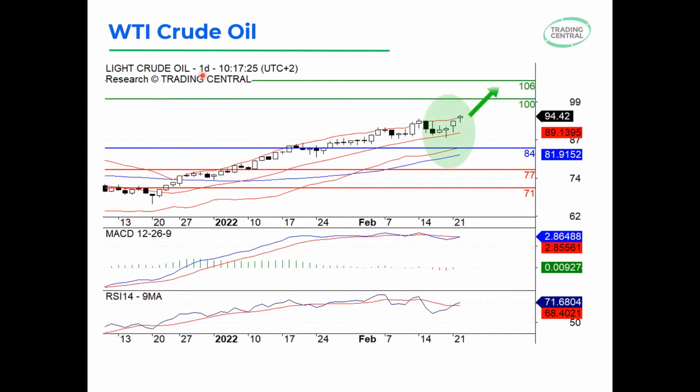It is a daily chart, and we are approaching the psychologically significant level of $100. Do you agree? And also the momentum indicators are well directed. So we are still bullish on oil price, and in this logic, you could also be bullish on the energy sector, I mean oil companies.